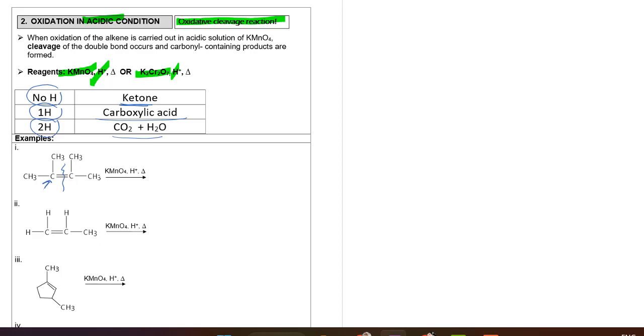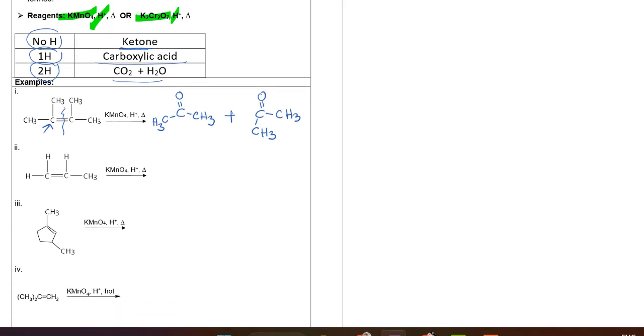This carbon has no hydrogen, so no hydrogen means it becomes ketone. That carbon will become ketone, and this carbon also will become ketone. So basically you are forming the same structure.